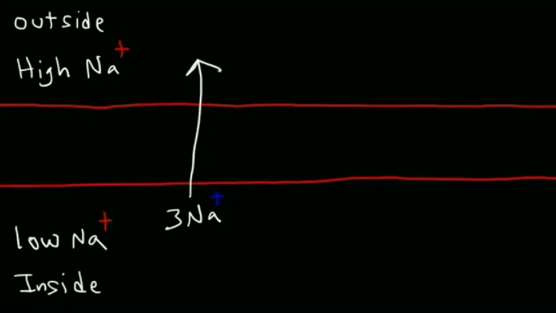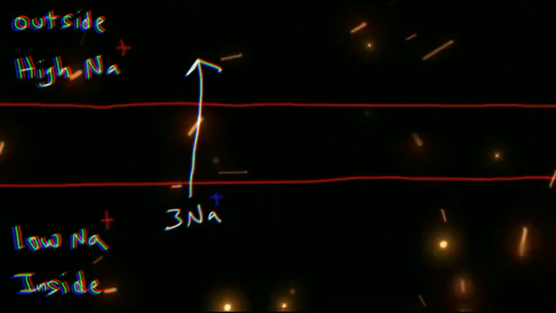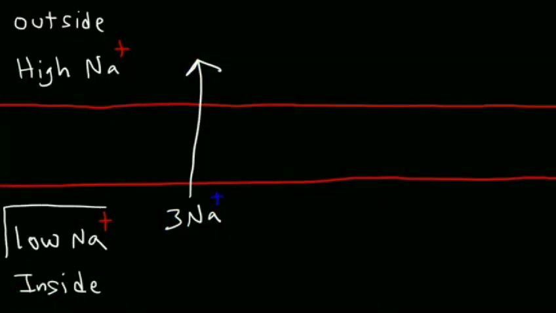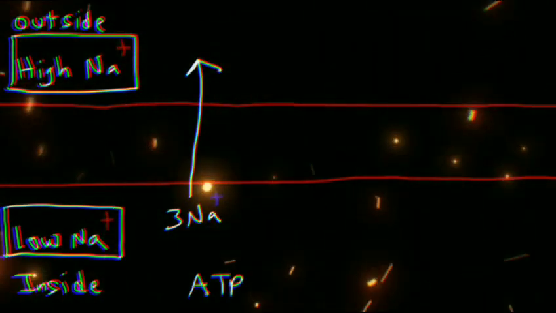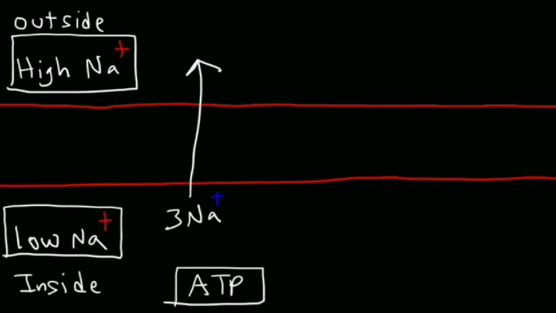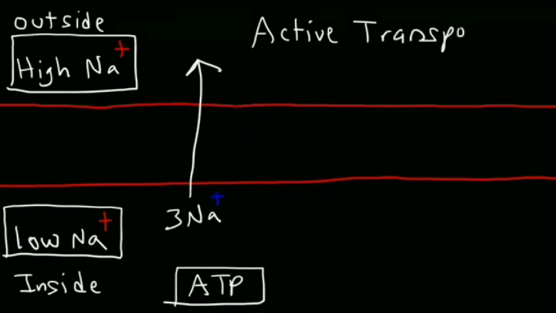So notice that the sodium ions are moving from a low concentration to a high concentration with the use of ATP energy. So this process of moving molecules or ions up the concentration gradient is known as active transport. So the sodium-potassium pump is an example of active transport.